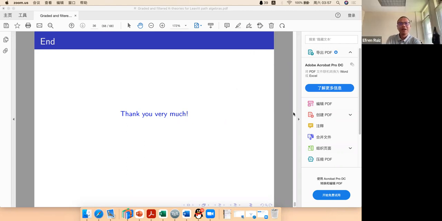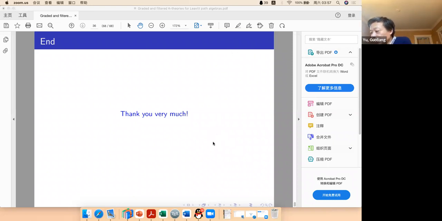I have a question. I'm looking at the map that you said wasn't a group homomorphism. Would you explain further why you don't have a group homomorphism from the kernel to K1?